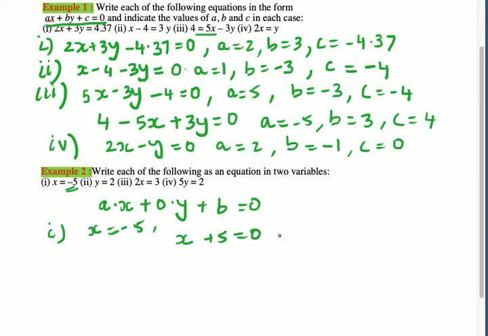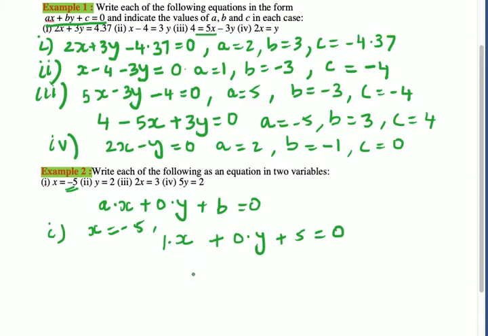So we will be writing this as 0 into y plus 5 equal to 0. Or we can also write it as 1 into x plus 0 into y plus 5 is equal to 0.